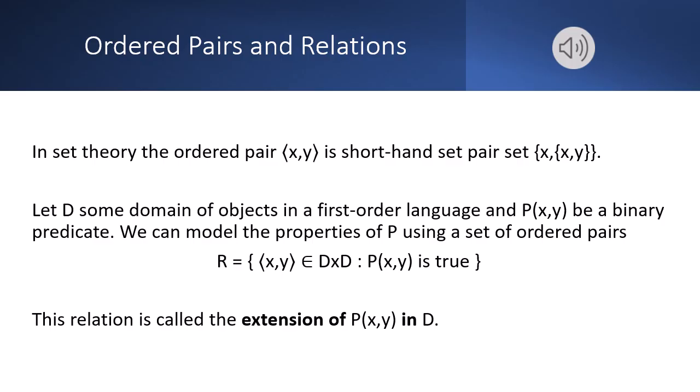But for now, the extension is just the set of ordered pairs that make the predicate true when you plug in that x and y. And even though it's only talking about ordered pairs here, this is also true for 3-ary, 4-ary and 5-ary predicates, where you look at ordered triples, ordered 4-tuples, ordered 5-tuples, and so on. So you can also define a relation for the extensions of those predicates as well.